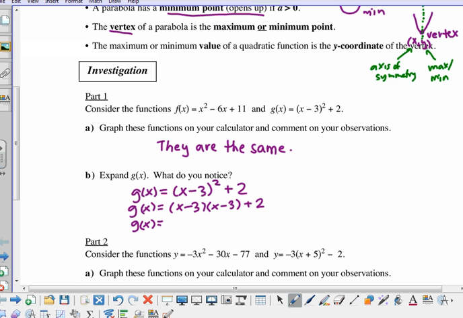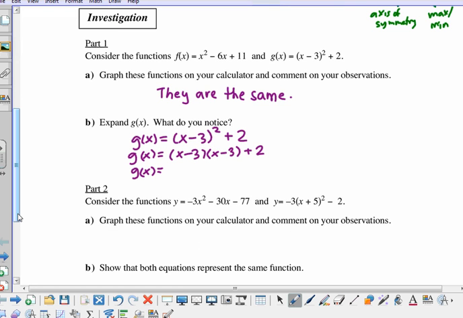Why? Because we want to show that they actually are the same. So what do you do when you have a binomial times a binomial? FOIL. F means the two firsts together. So x times x is x squared. Then we want the outside, so x times negative 3.